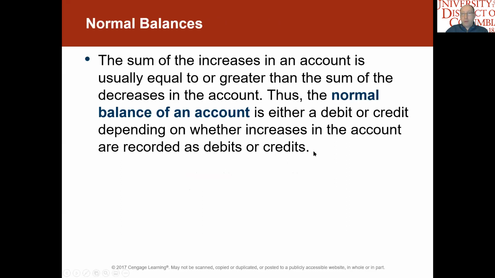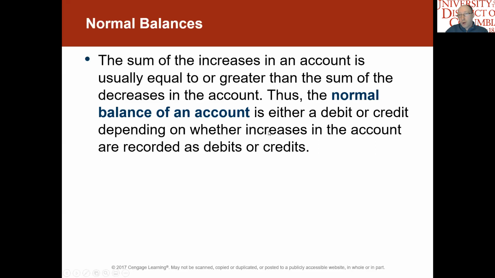These are all what we call the normal balances of the accounts. The sum of increases of an account is usually equal to or greater than the sum of decreases of the account. We call this the normal balance, which is either a debit or credit depending on the type of account it is. Just think of it this way.